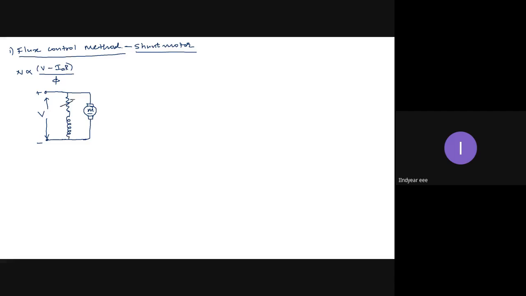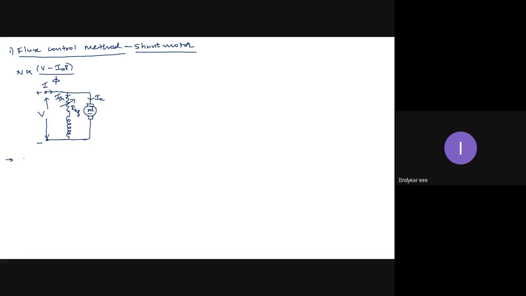So this is RHF, the field rheostat, and this is the current ISH, current I, and the current IA.